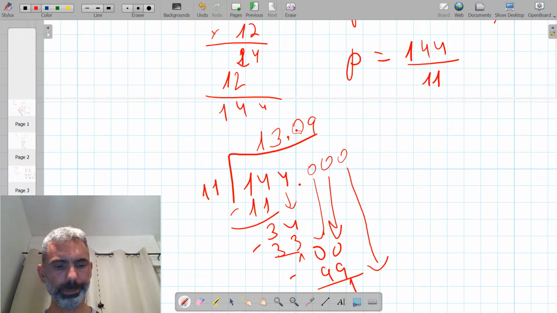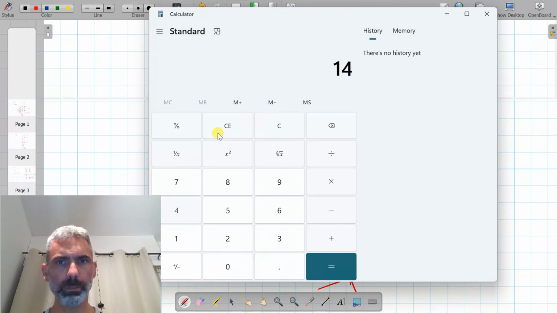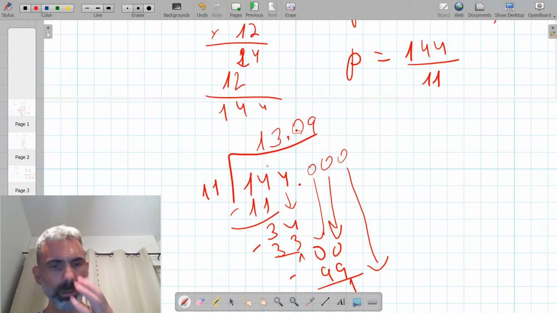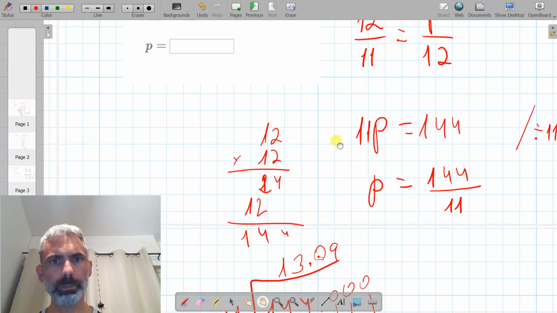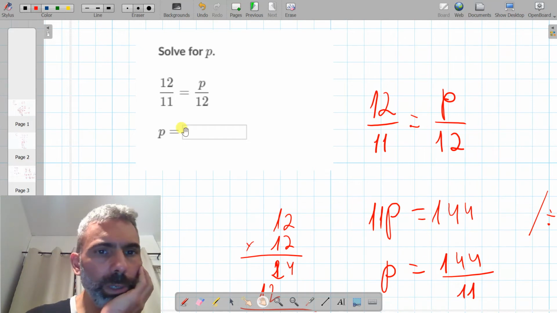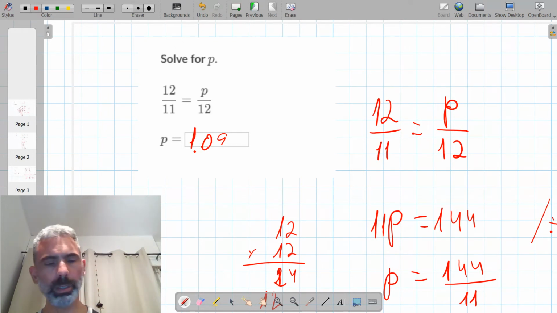Bring down a 0. So p equals 13.09, right?